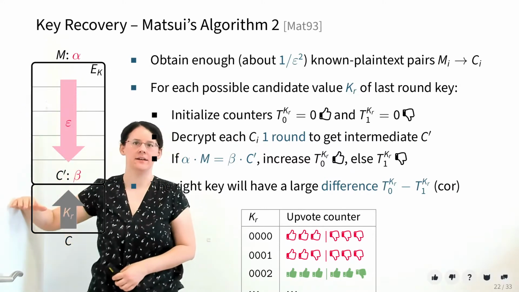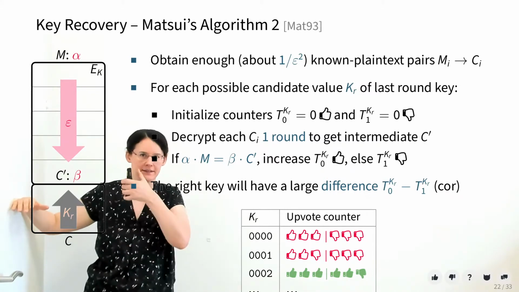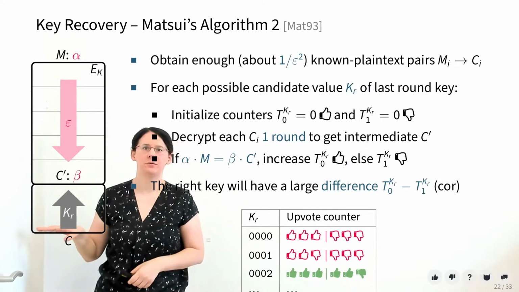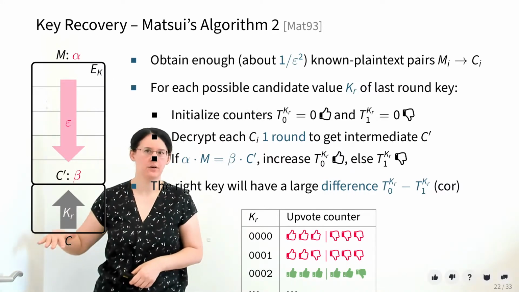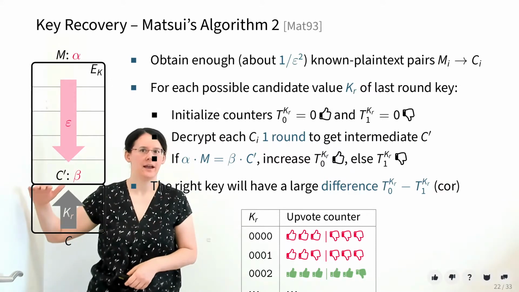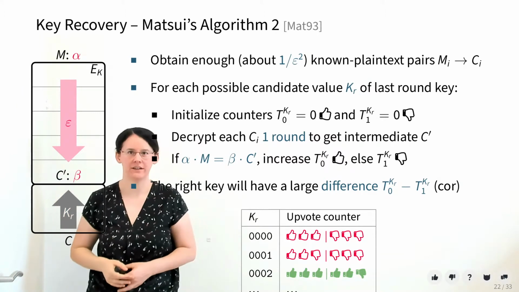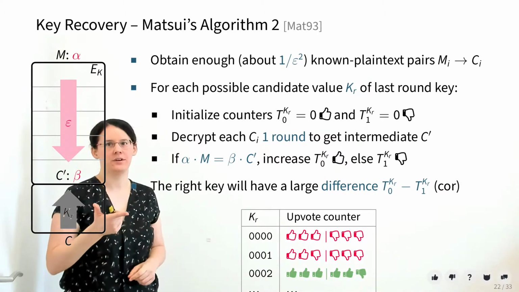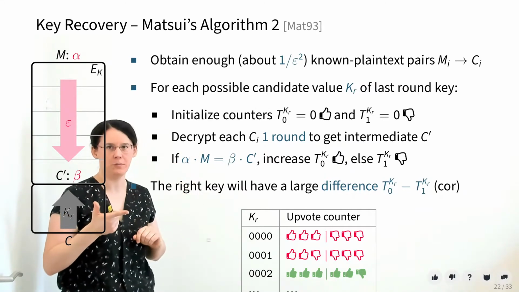In that case, we can take all our data, all our known plaintext pairs, plaintext ciphertext combinations, for each of them, and for each possible candidate of the last round key, we can decrypt, and we can count how often is my approximation correct and how often it is wrong. So for each pair and for each key candidate, I need to evaluate this loop.